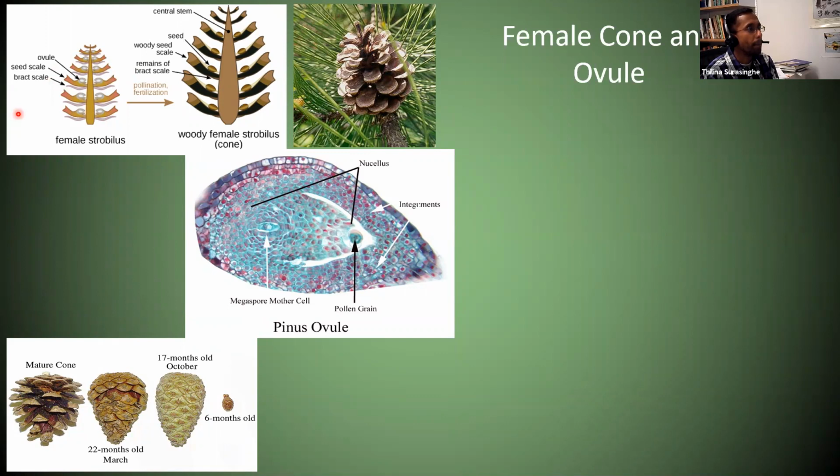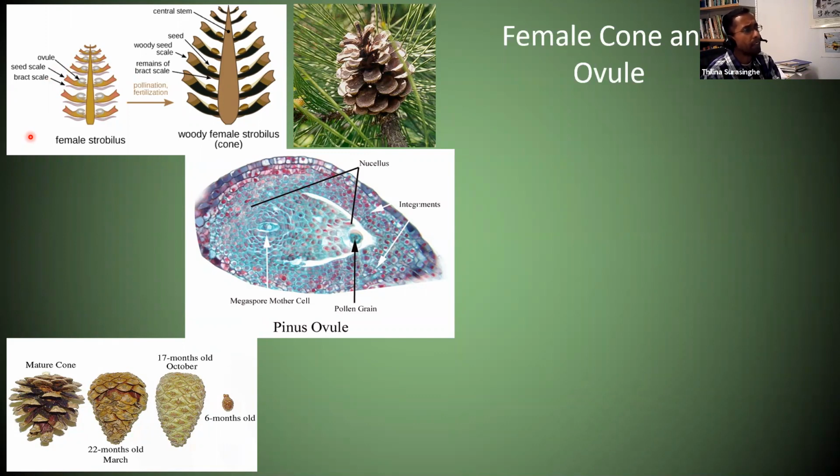And on the top of those brackets, you will have an ovule, right? These brackets undergo different names, sometimes we call them scales, we call them brackets, right? But yeah, know those two names.